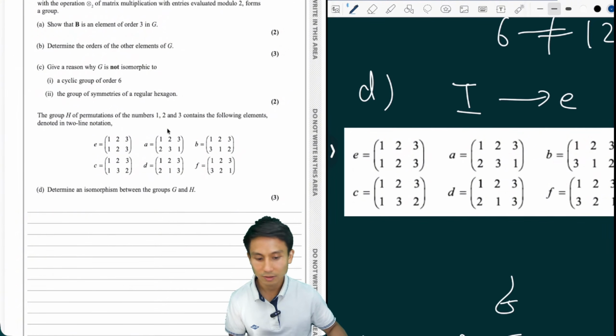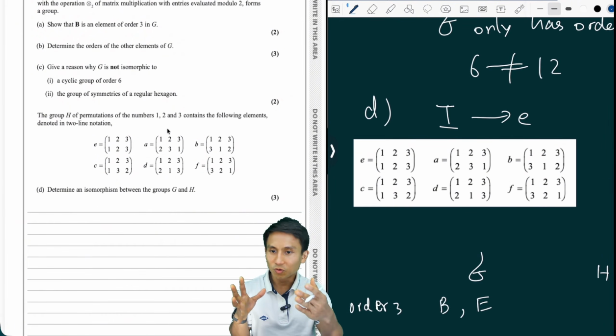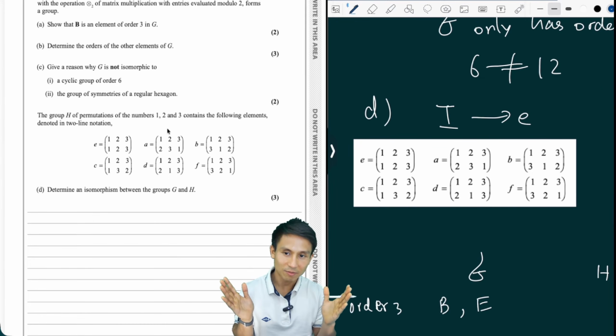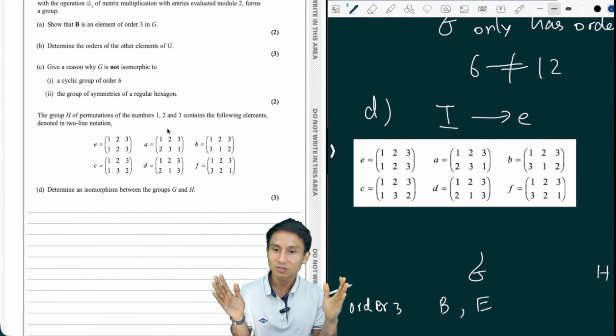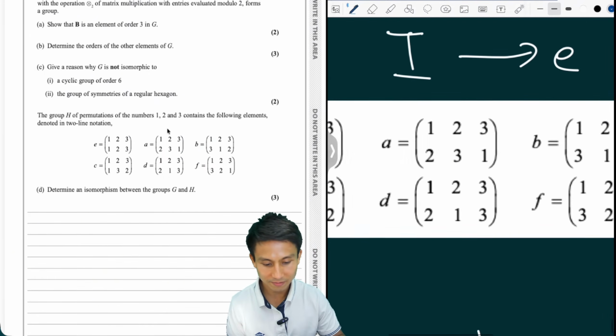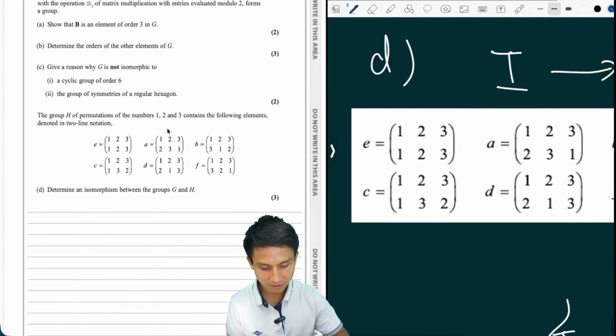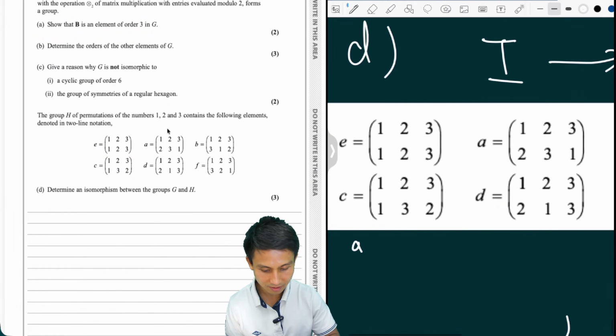E is fine, E is order 1 because every number you put in is going to bring you back to the same number, so the length of the cycle is 1. Now, what about A? If you start from number 1, it's going to bring you to number 2.